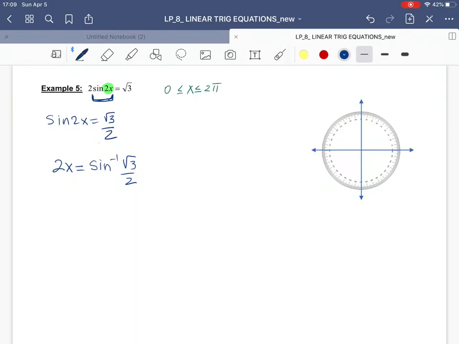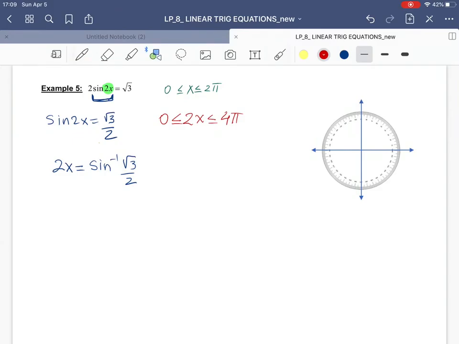Now remember that if you are solving for angle 2x and x is between 0 and 2 pi, it means that the angle 2x will have double the domain of x. So double 0 is 0 and double 2 pi is 4 pi. So we are going to explore quite a few solutions in here.